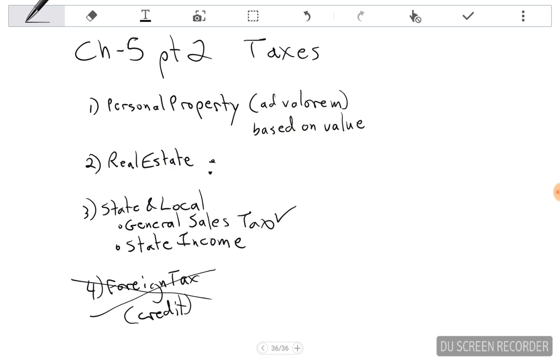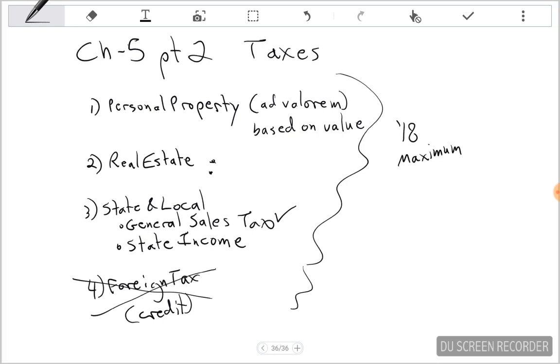Now, one important thing to remember about these taxes is that, okay, before 2018 there was no limit, but beginning in 2018 we have a cap.